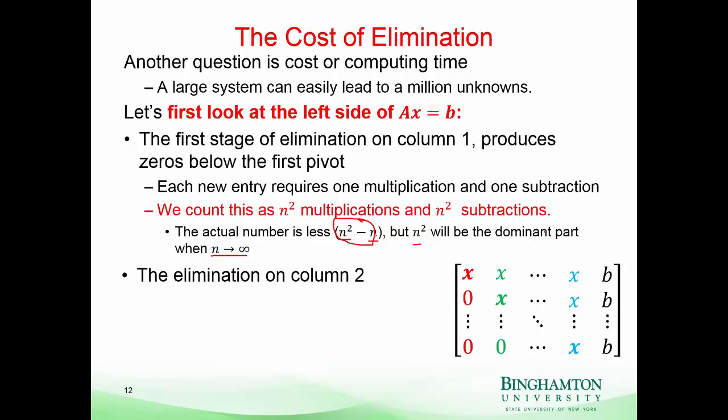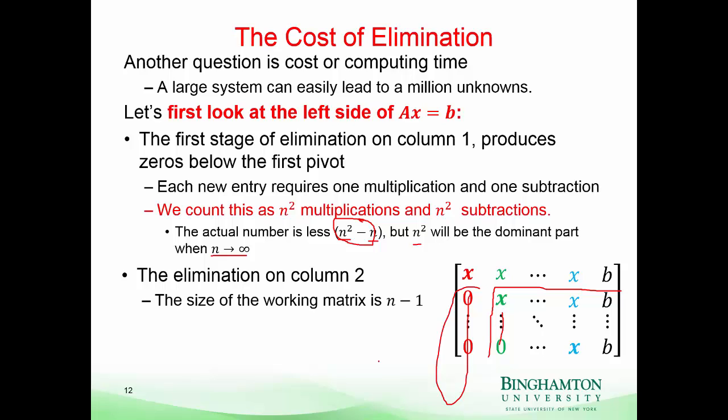And then the elimination on column 2: once we've eliminated all of these, we can say, well, I've just got this little chunk to deal with, and I need to eliminate all of these. So it's like having an n-1 size problem. So we can think of the size of our new working matrix as n-1.